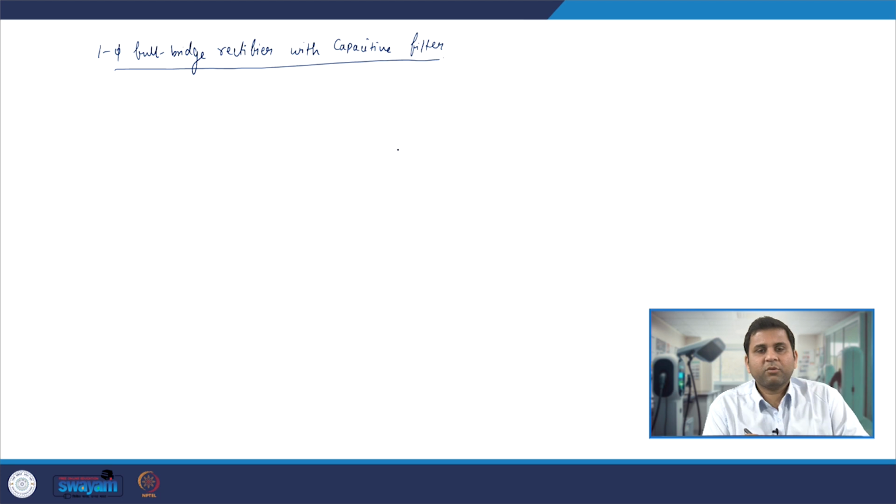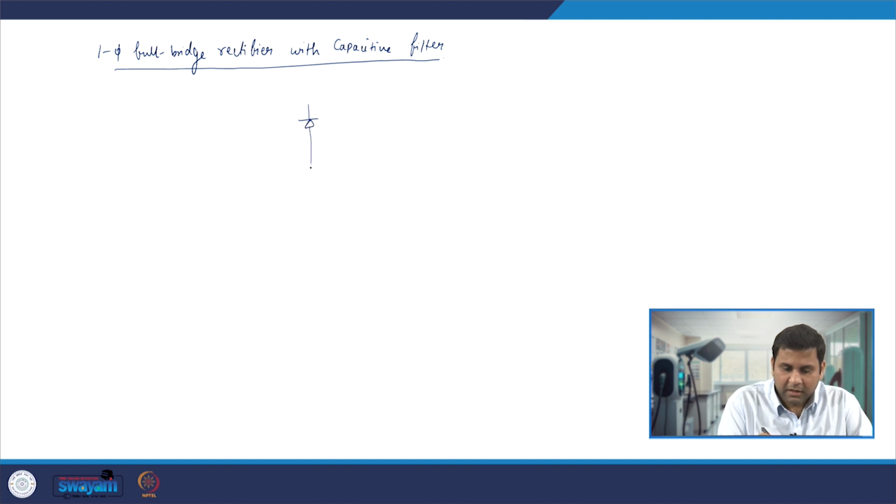Let us revisit some of the concepts of this circuit, because that will help us logically develop the converters which are useful in the AC/DC power conversion unit of an EV charger. So let us draw that circuit.